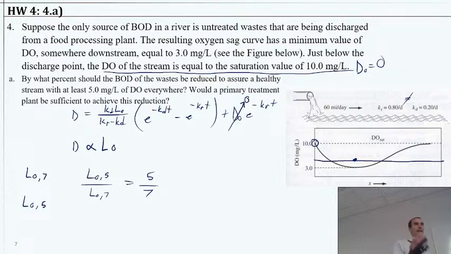It's as simple as that. The wastewater needs to be reduced to 5/7 of the original, because of that proportionality. So that means that if we write this out as a fraction, that's 0.714. So we could say that's 71.4% remaining.